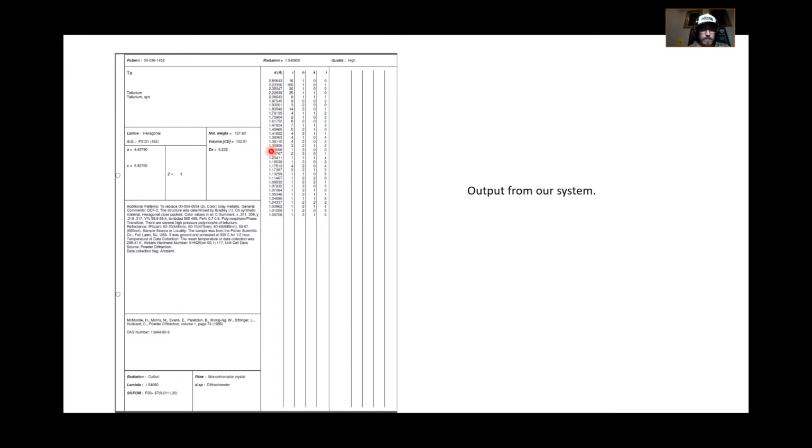Tellurium may not have been the best one because of the crystal structure compared to cubic crystal structure. But anyway, this has an A and C parameter, so it's very, very nice. And the way we identify our materials is basically a lookup system. You get a spectra on your sample and you compare it with a library spectra.